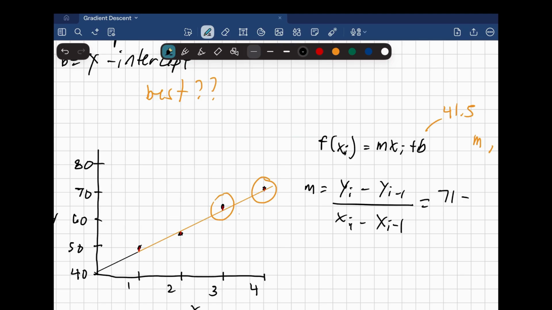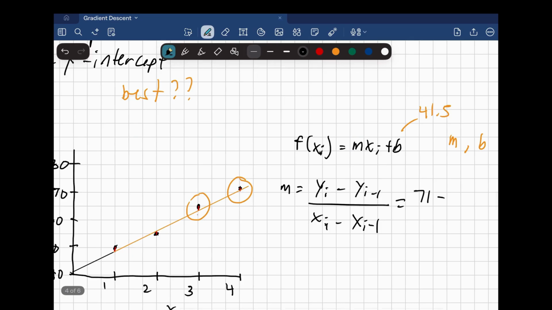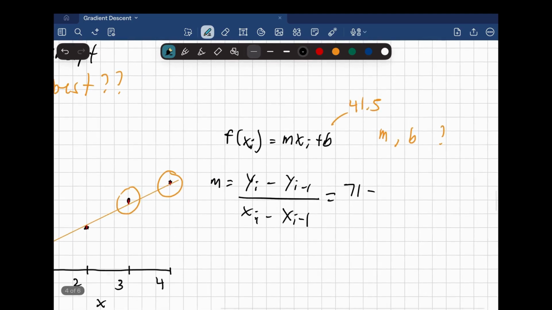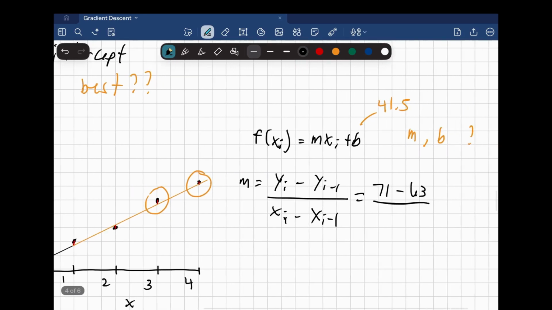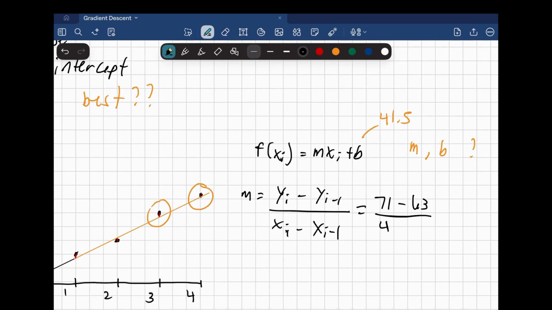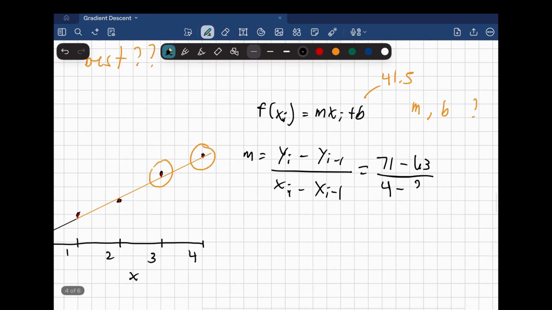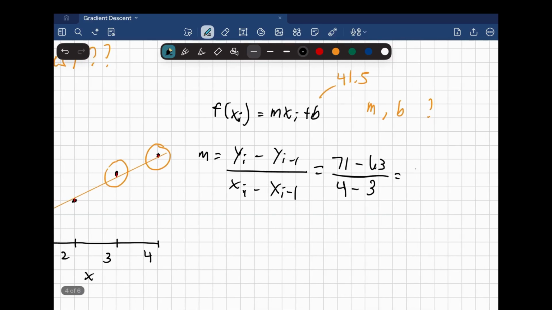So for yi minus 1, that is approximately 63, over xi, 4, minus xi minus 1, which is 3, which will give us 8.